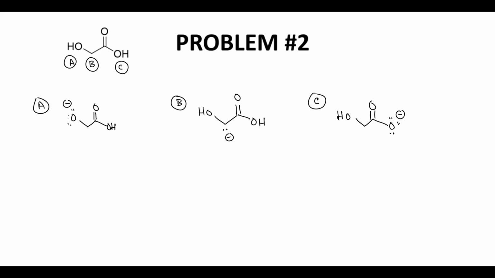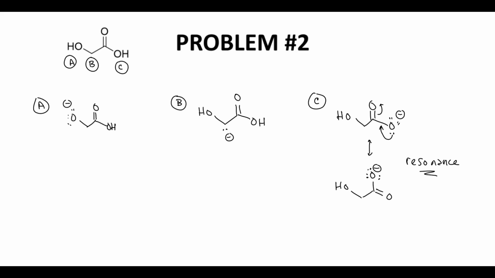So I'm going to start with C because that's actually our answer. What's great about C is that we can do resonance and delocalize that negative charge onto another oxygen. So here we have resonance, and resonance is always a good thing.